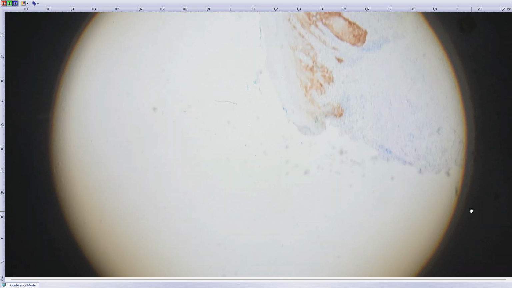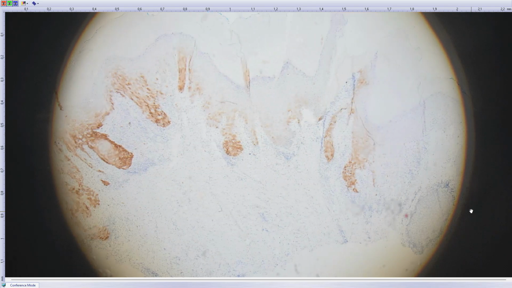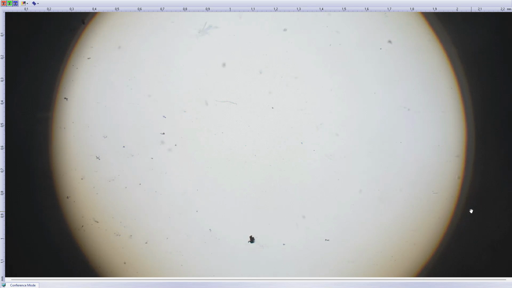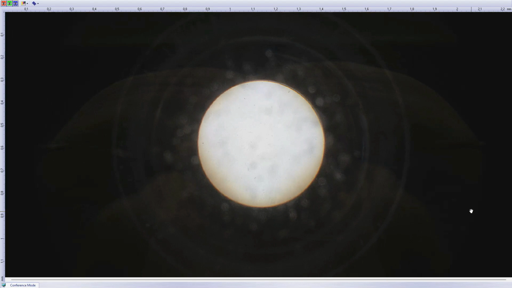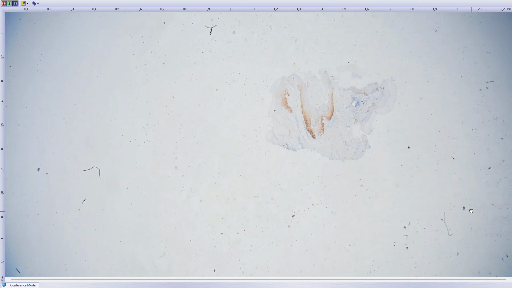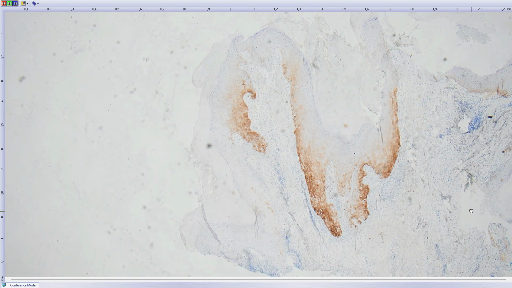We found in this case very nice block positivity on P16, even if this block positivity was not well discernible on H&E slides.